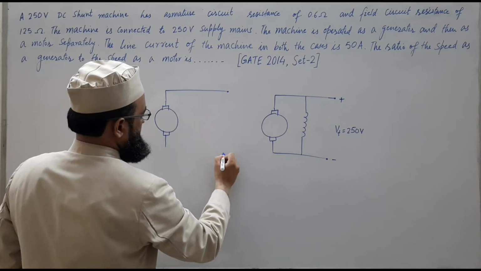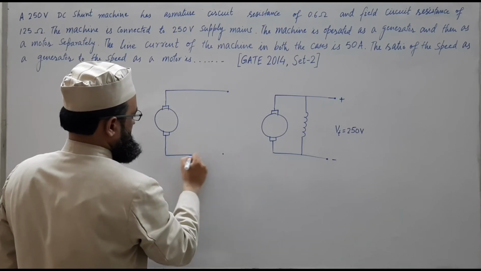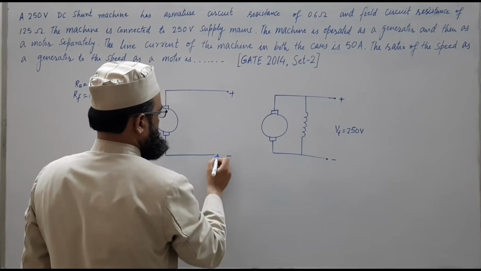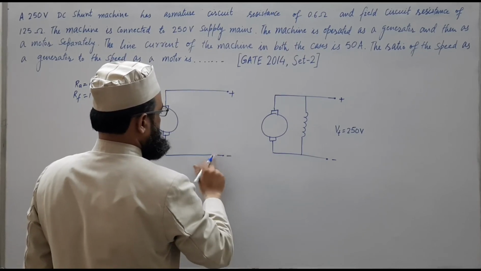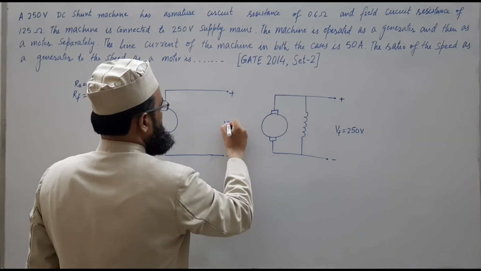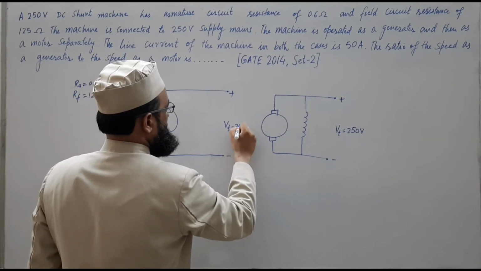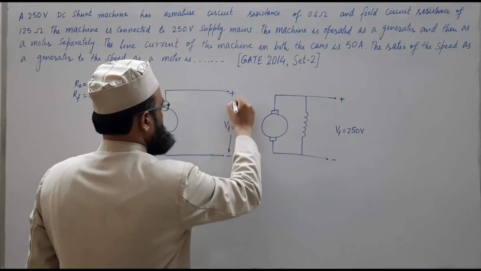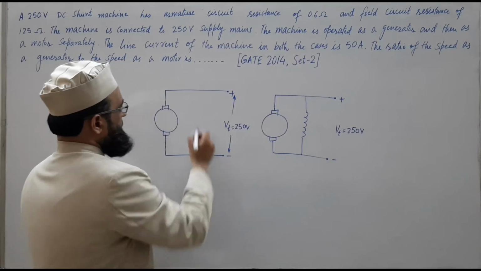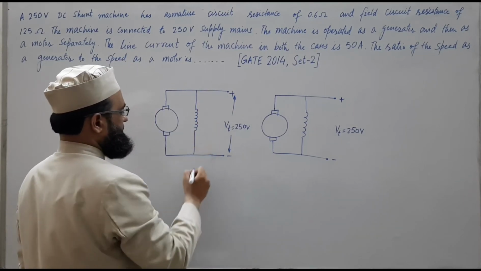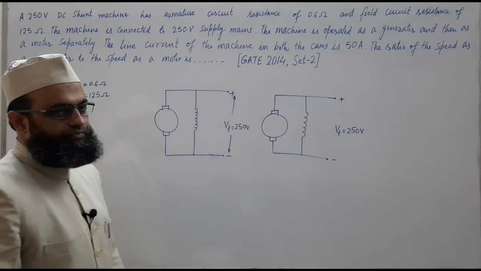Supply terminals plus minus, fine, Vt is equal to 250 volt. This is shunt field winding, fine.